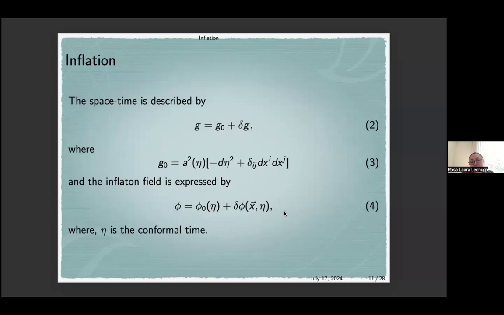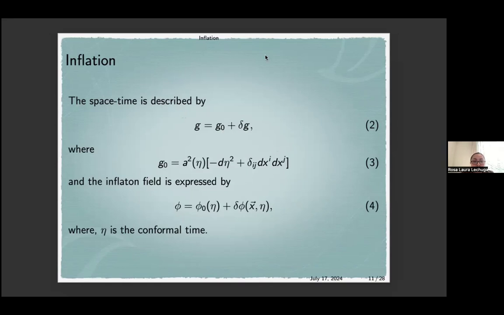So in this session, or in this full class, I'm only focused on the characteristics of inflation and of the generation of the structure. I only mentioned the horizon problem to motivate or illustrate one of the reasons why inflation was introduced in the model.